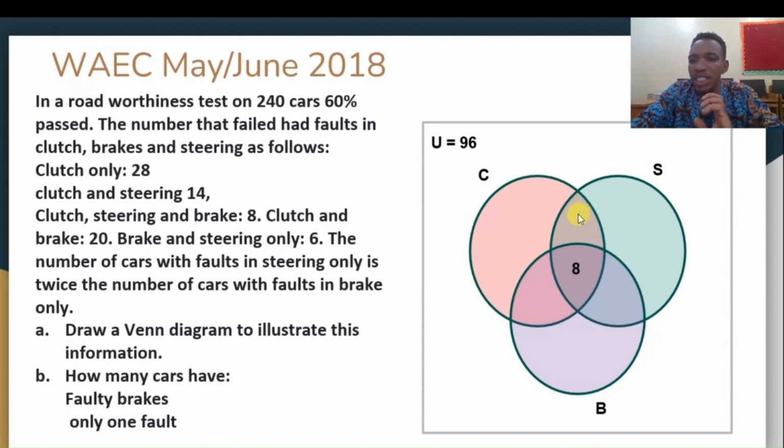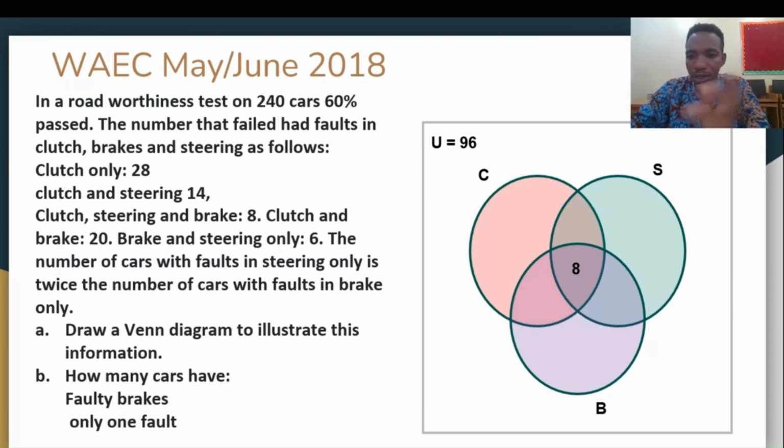So this space is for clutch and steering only. If they don't say only, don't put the number here. For example, if they said 14 clutch and steering, don't just put 14 here, unless they put the word only there.